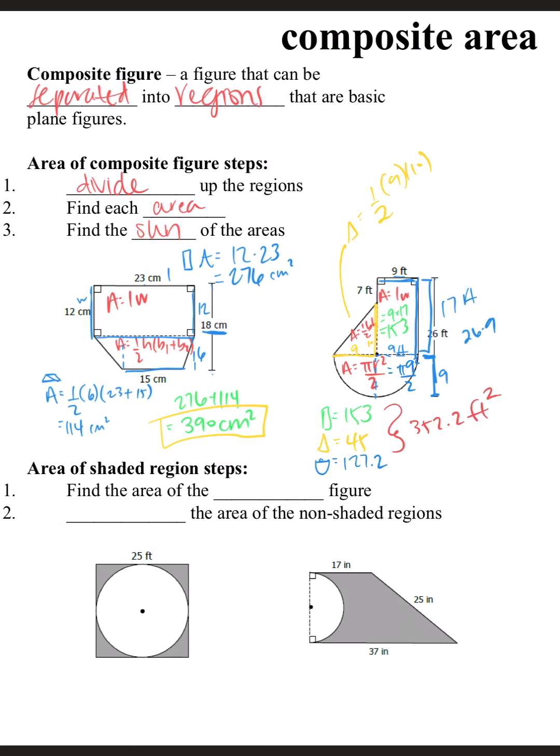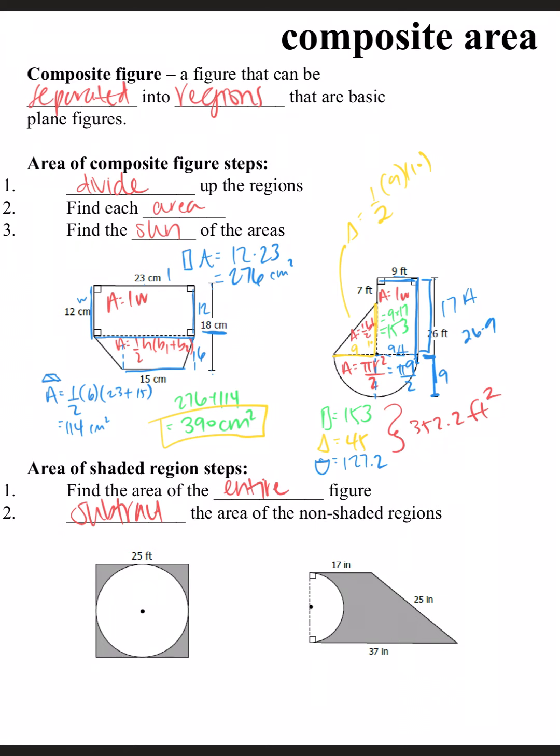All right, this bottom section is the area of a shaded region. We can find the area of the entire figure and then subtract the area of the non-shaded region. So same thing, we need to find the area of the two shapes we've got and then subtract one from the other.